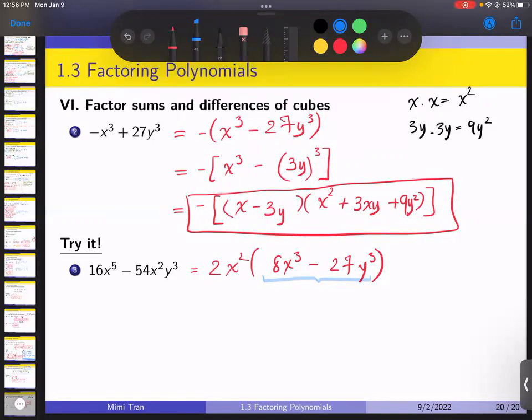I would rewrite this instead of 8x cubed. I'm gonna rewrite something. So that means the cube is also for the 2 and also for the x.